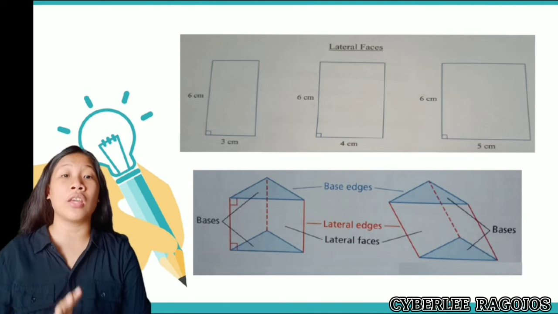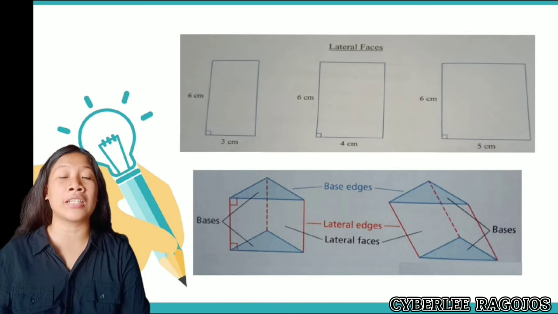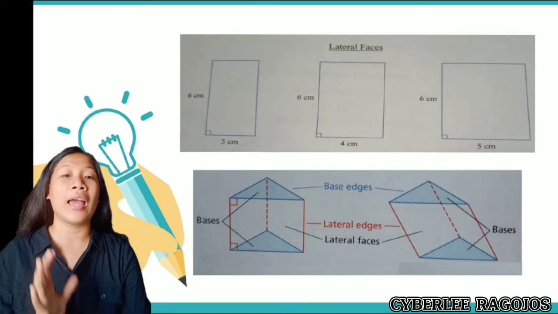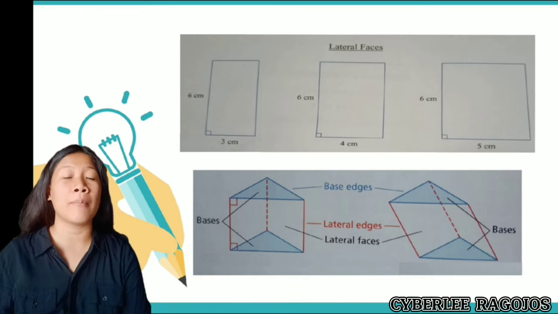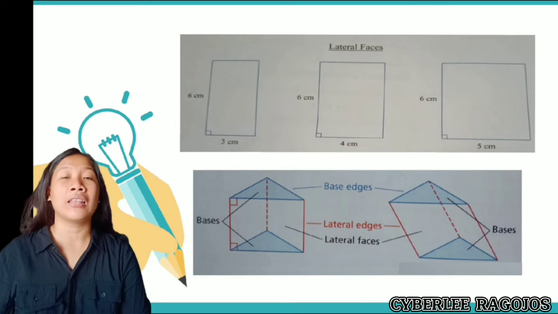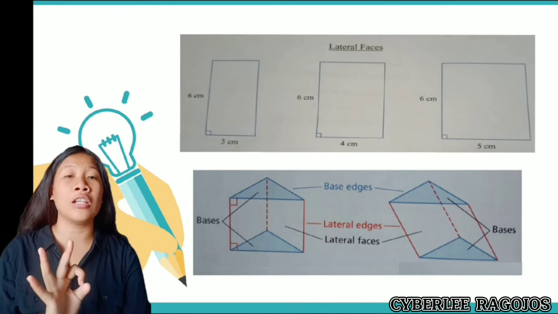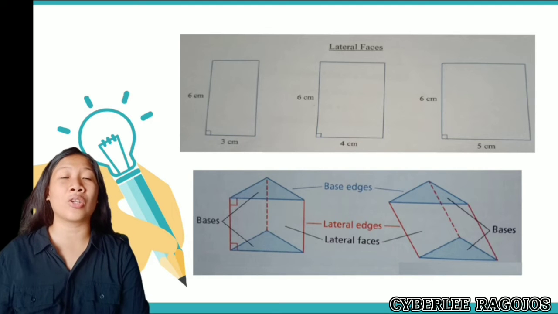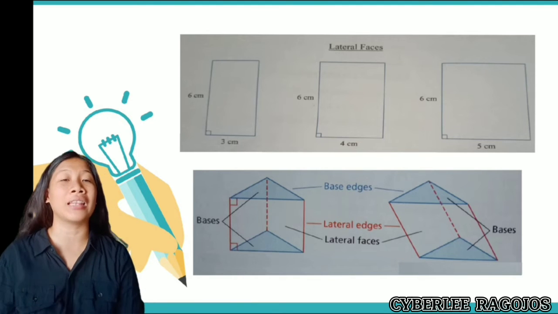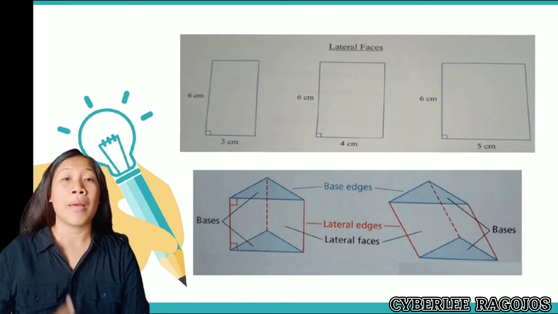To compute it, we will calculate it sa base times height and add them all. So, gaya nung kanina na meron tayong area of base, area of face, at saka total surface area, wherein sa total surface area is pinag-add na natin lahat na meron tayong sinunod na step by step.